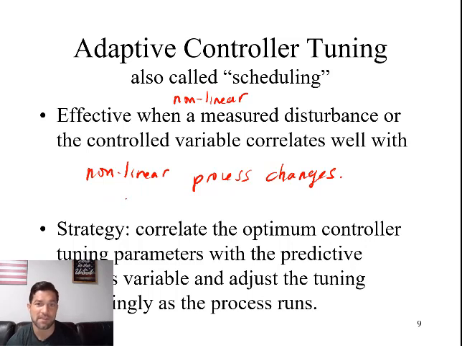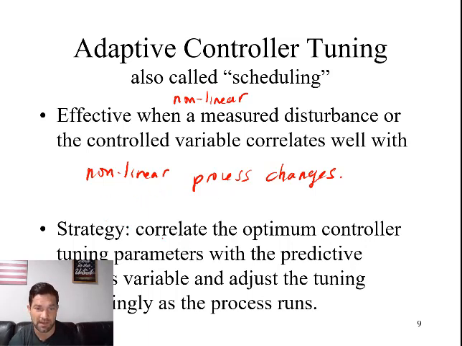We'll go through a couple of examples of this. The important thing to know is that if your controller performance varies significantly depending on your entrance conditions, for example flow rate or temperature, then you may need a different set of controller parameters, either the gain, reset time, or your online tuning factor, depending on a measurement of an incoming process parameter.